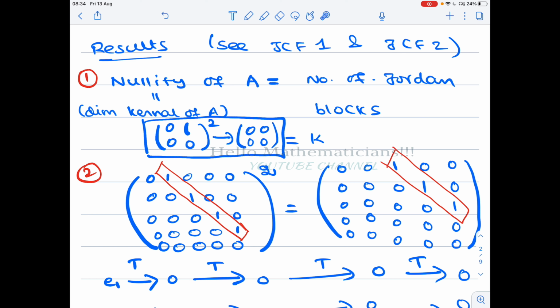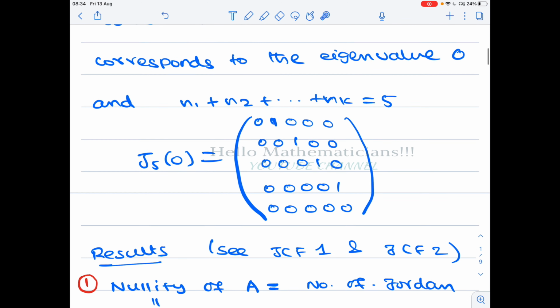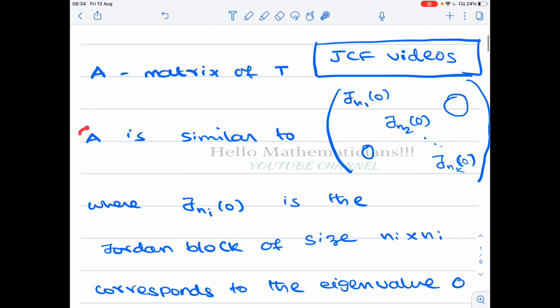Nullity remains the same. So that is one minor observation. It is not true that for every Jordan block, the nullity is going to increase with the power. If it is a block of size at least 2, then the nullity will increase by 1 at each step. So now what happens here is, we have A.